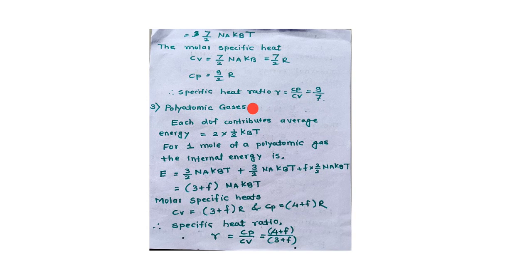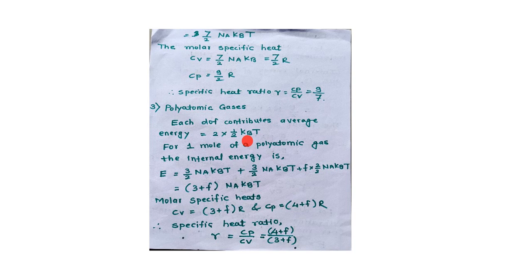Each molecule of the polyatomic gas has 3 translational degrees of freedom, and linear molecules have 2 rotational degrees of freedom. All others have 3 degrees of rotation. The number of degrees of freedom f is used for the vibrational motion of a polyatomic molecule. Each degree of freedom contributes average energy of 2 into half kBT.